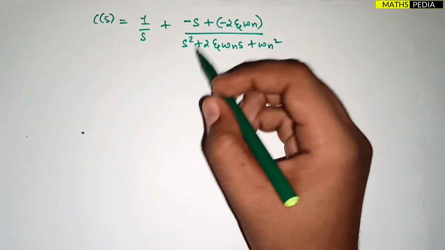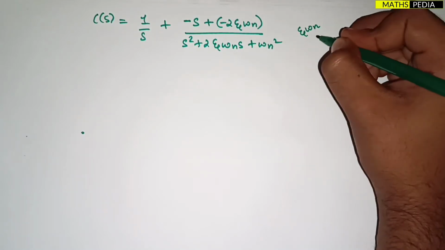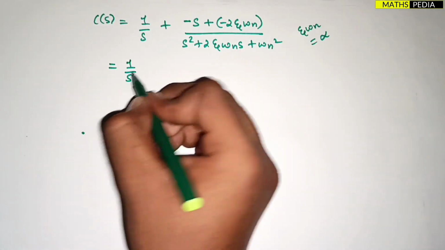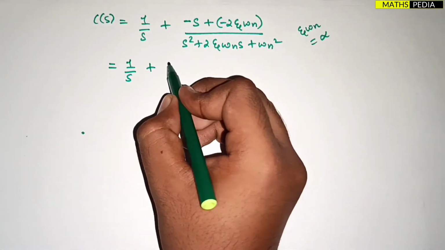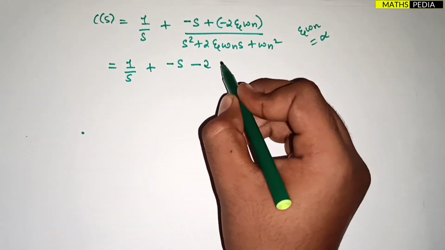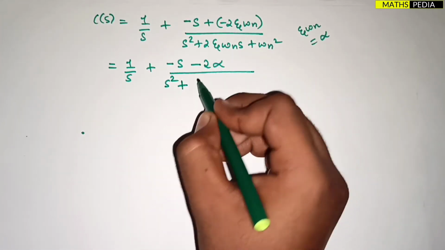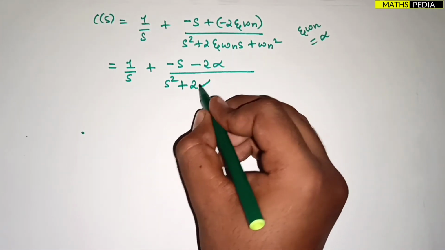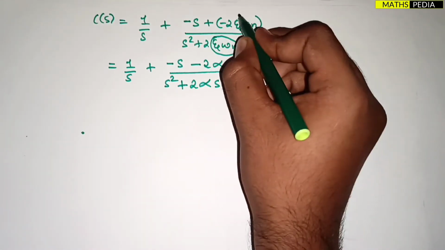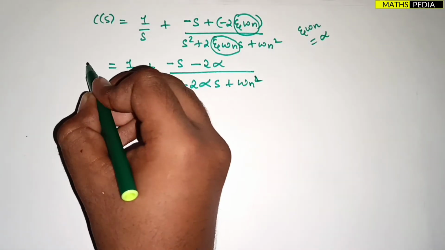Now as we discussed earlier, we have assumed zeta omega n as alpha. So I'll be substituting in this. So 1 by s plus minus s, minus 2 zeta omega n will be alpha, divided by s square plus 2 alpha s plus omega n square. So this will be the final C of s.